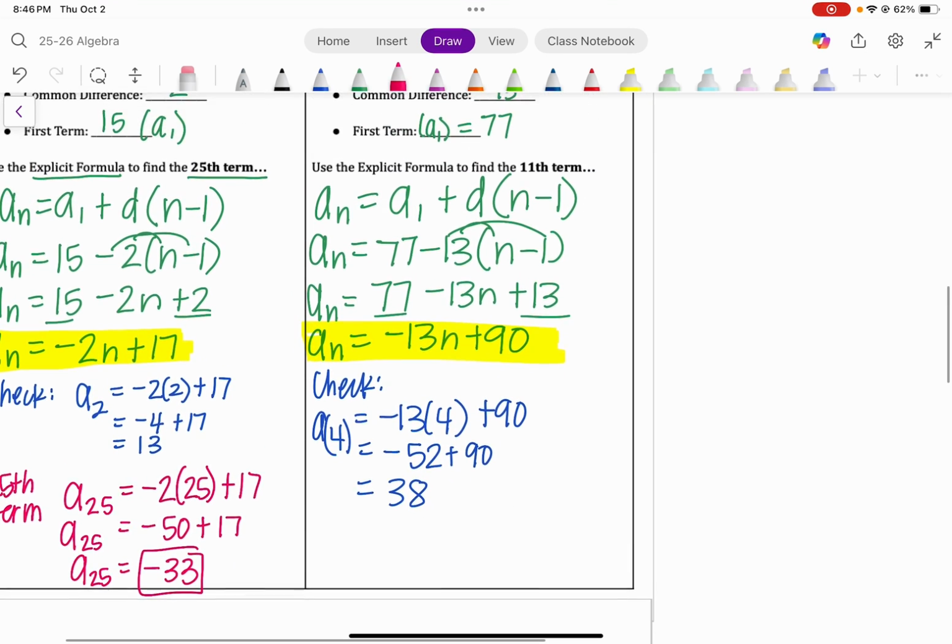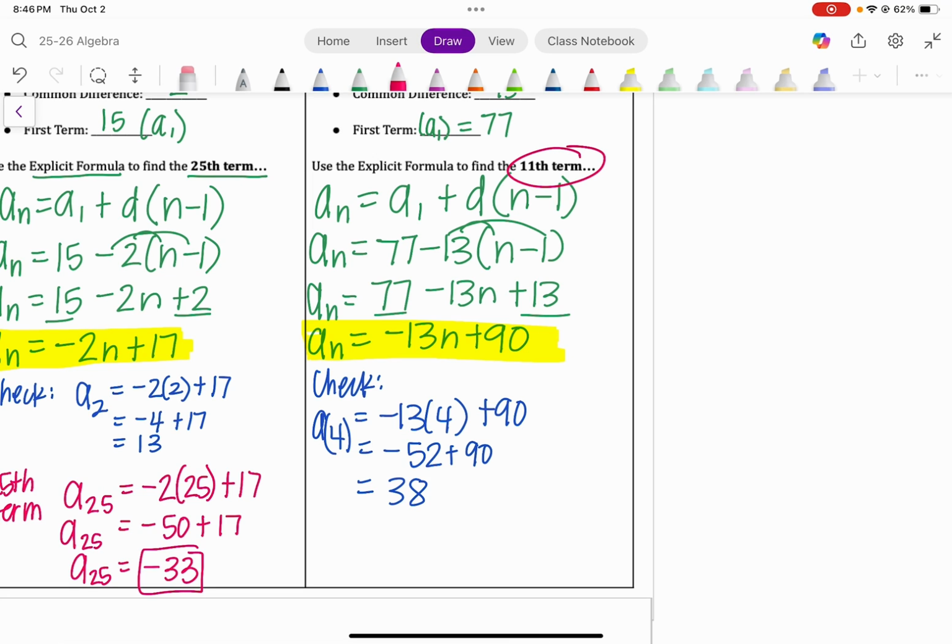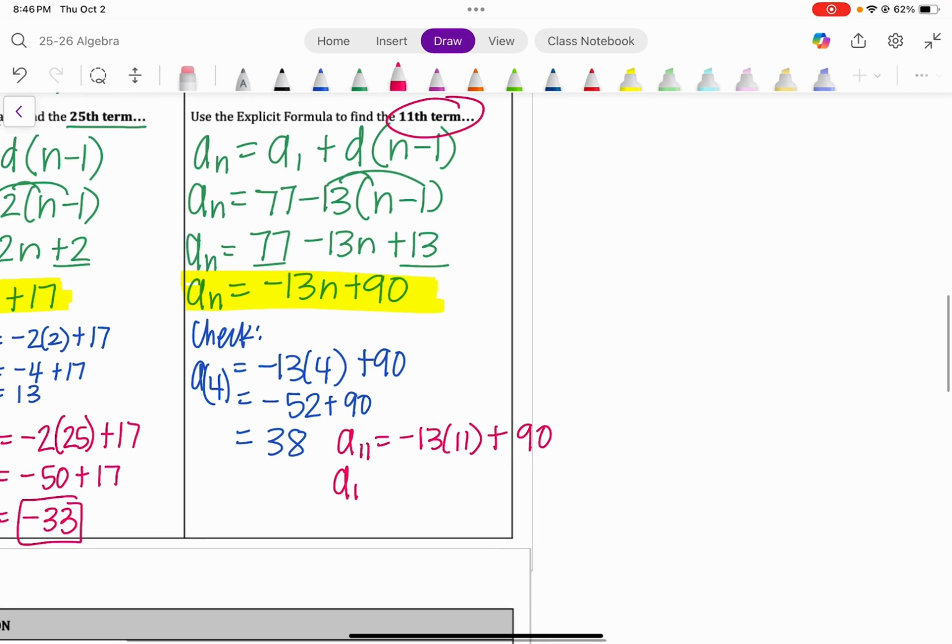Now, when I want to find the 11th term, I'm going to do a of 11 equals negative 13 times 11 plus 90. Let's see, 13 times 11.